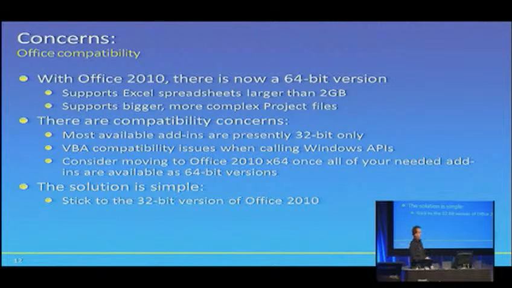So the general recommendation is don't move to Office 2010 x64 until all the add-ins in your environment are 64-bit, or that there are 64-bit versions available. When will that happen? It's going to be a while. So probably 2, 3, 4 years from now we can revisit this. But for right now, we would just say always run the x86 version of Office 2010.